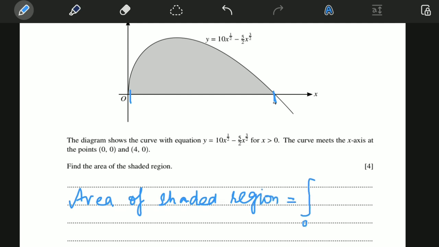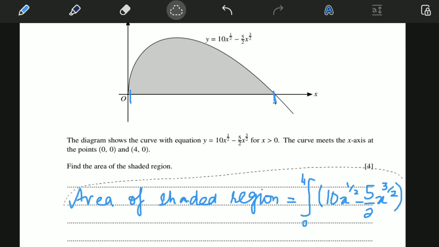the integral from 0 to 4 of 10x to the power of 1 by 2 minus 5 by 2 x to the power of 3 by 2 dx.